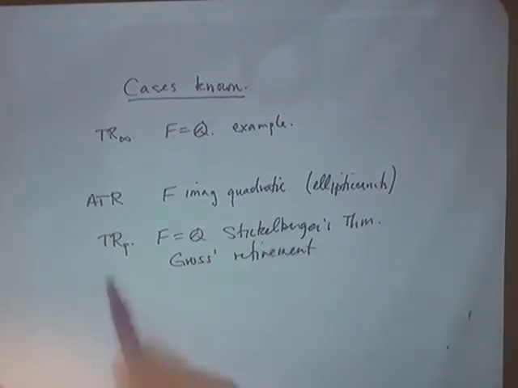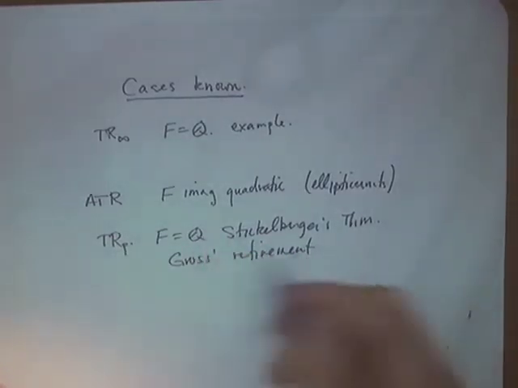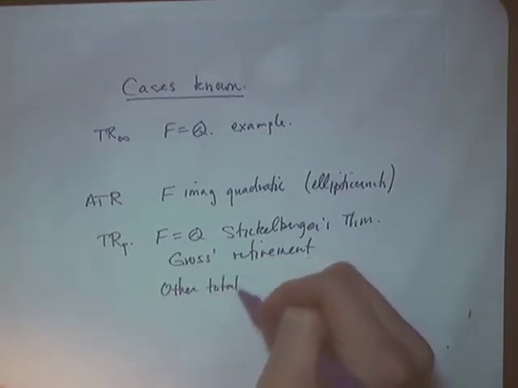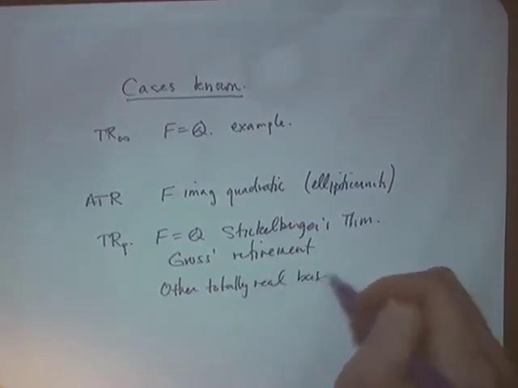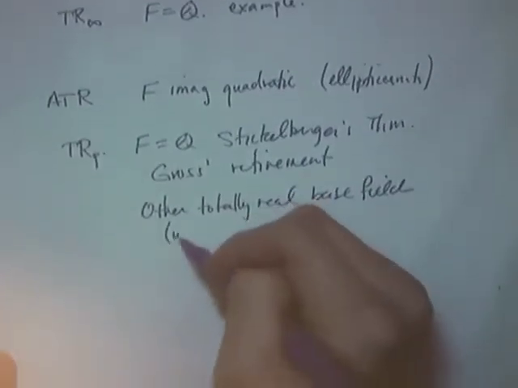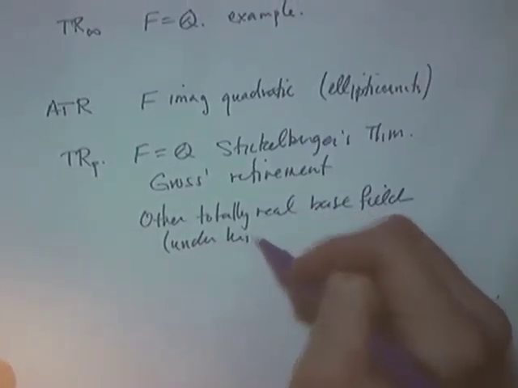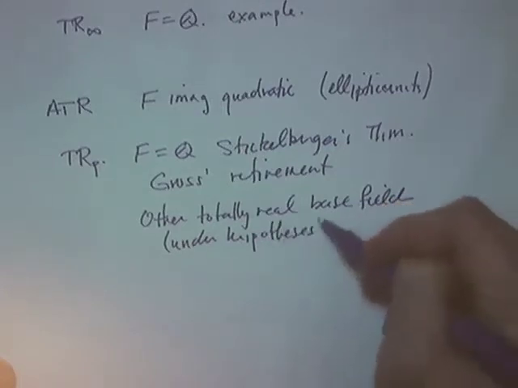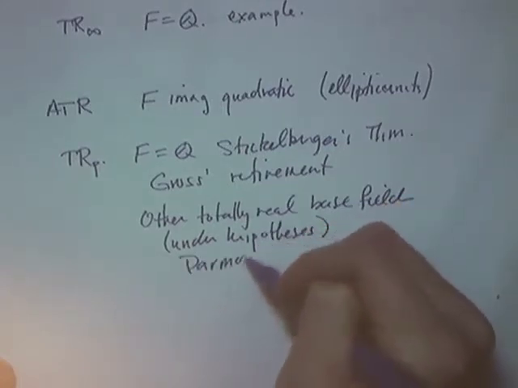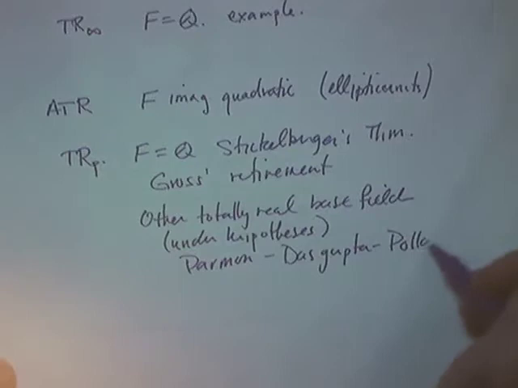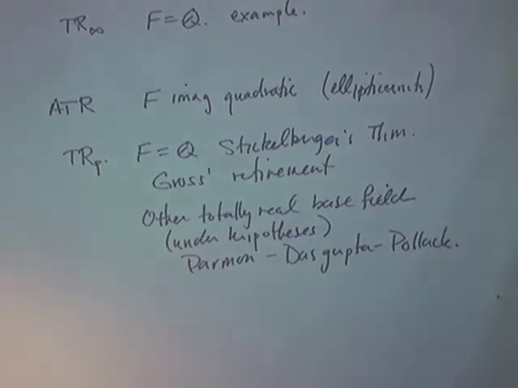And Gross's refinement for other totally real base fields was dealt with under a few hypotheses by, what's the alphabetical order, Dasgupta, Darmon, and Pollack. And this was a year or two ago.